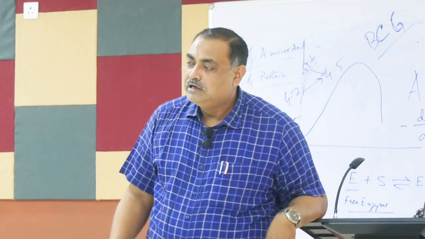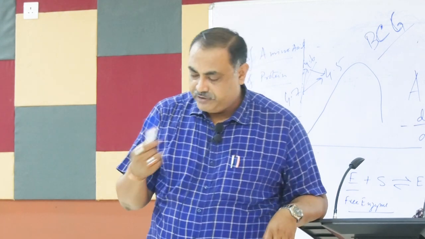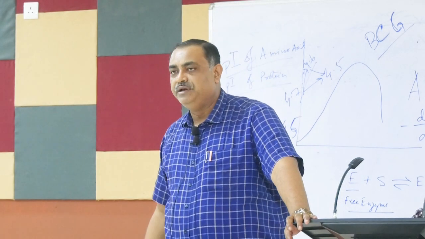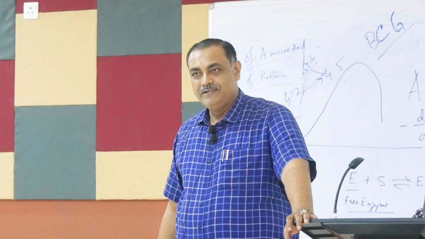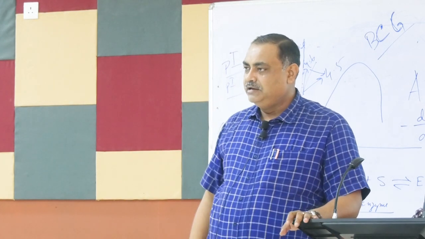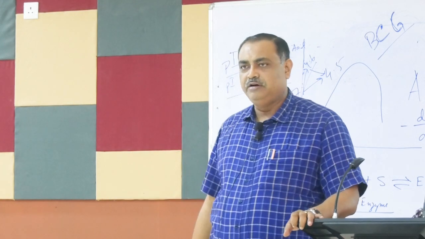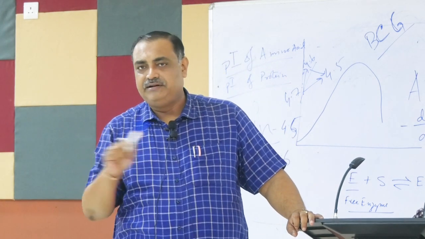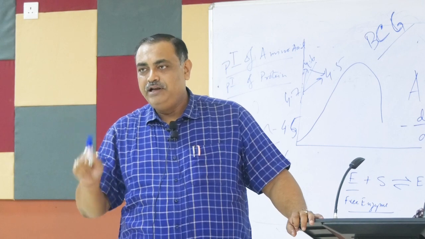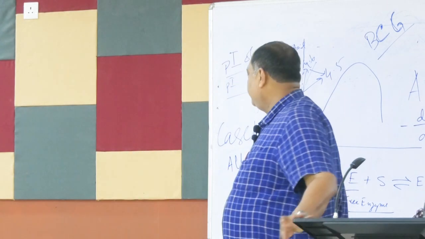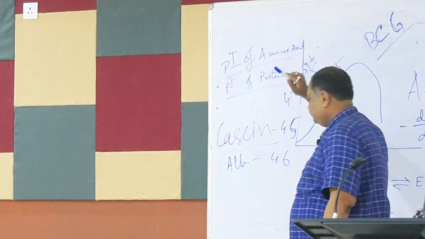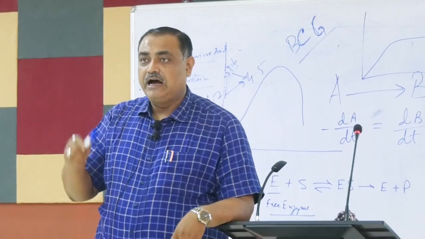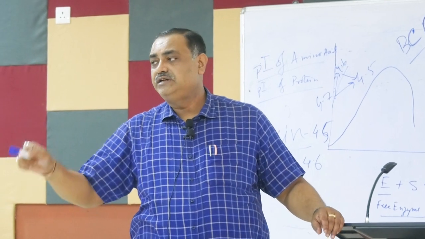A property of bromocresol green is that it binds with albumin. So the moment it binds with albumin, and then you lower the pH of the medium, albumin will not precipitate. Only casein will precipitate when you reach pH 4.5. Clear? This is called isoelectric precipitation of casein.